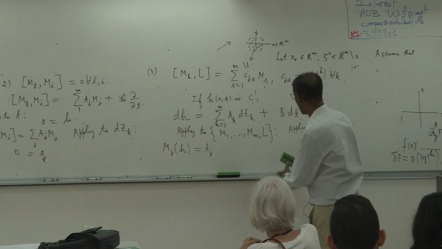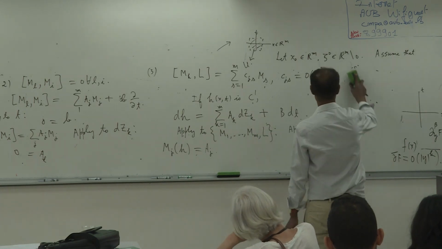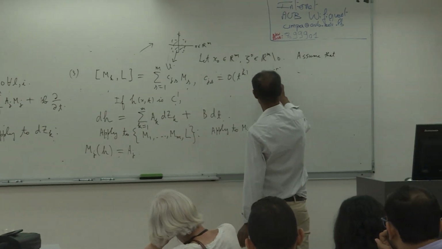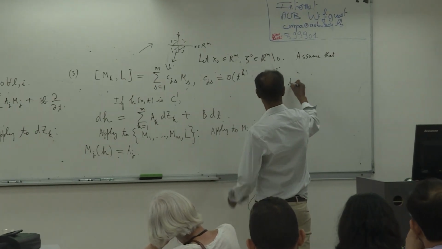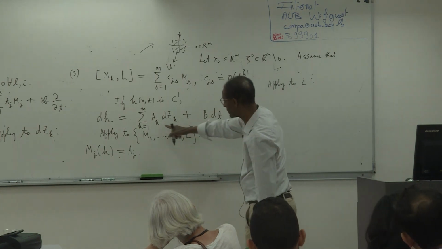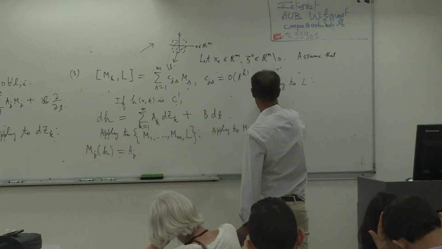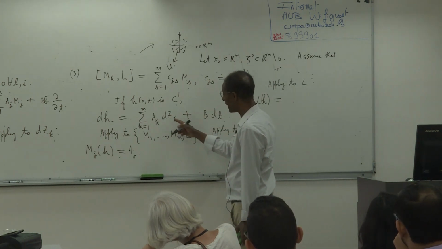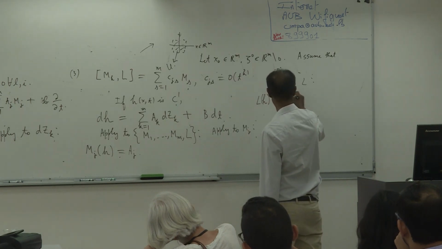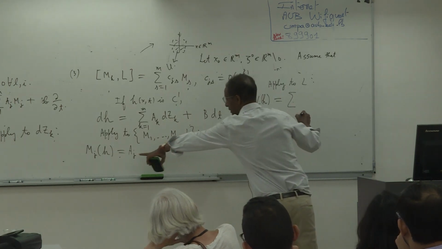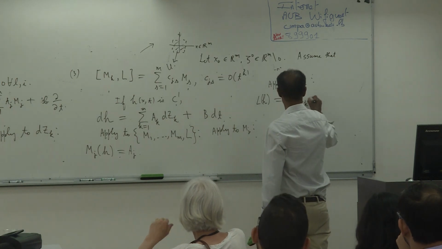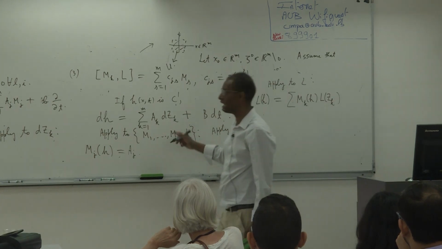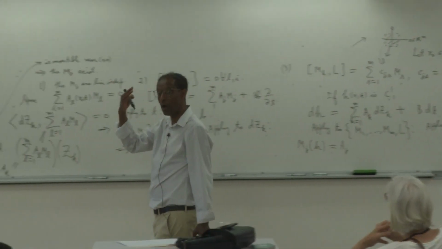How about to recover the b? Now I apply L to both sides. On the left side, you get L of h. On the right-hand side, I get the sum over k of ak times L of zk, but ak, now we know what that is, Mk of h, times L of zk, and remember L of zk are almost zero. The zk are approximate solutions, okay?